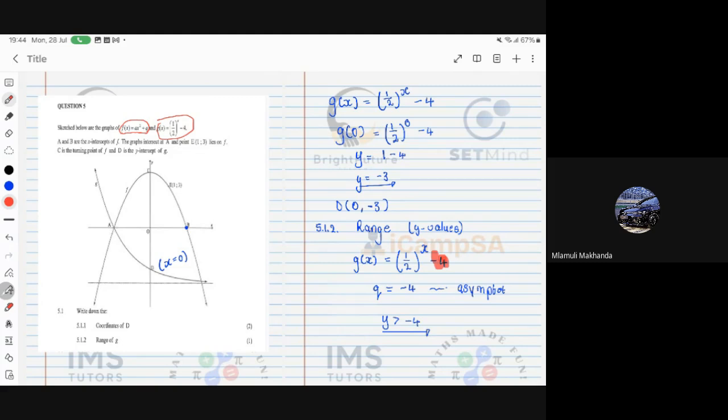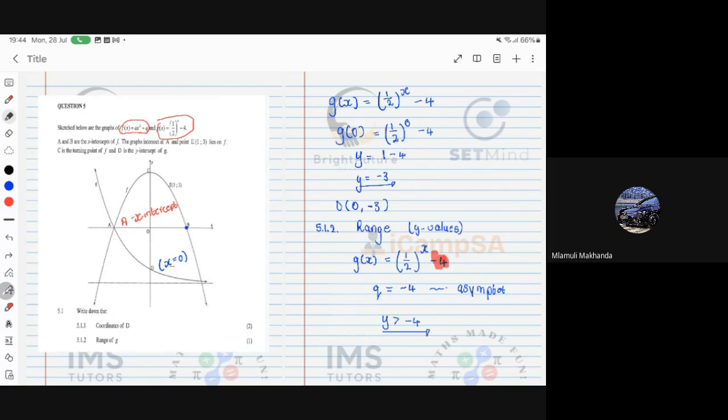A, for the exponential function g, is the x-intercept. This is our g(x). A is the x-intercept, because this is where the function g cuts the x-axis.